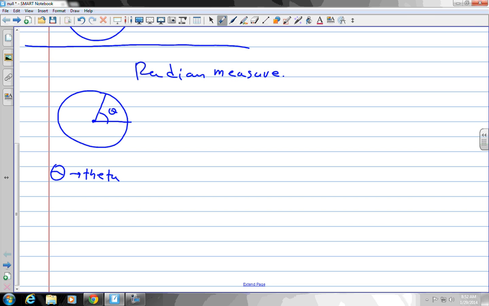And let's say the radius of the circle is 1. So we'll call that a unit circle, a circle of radius 1.